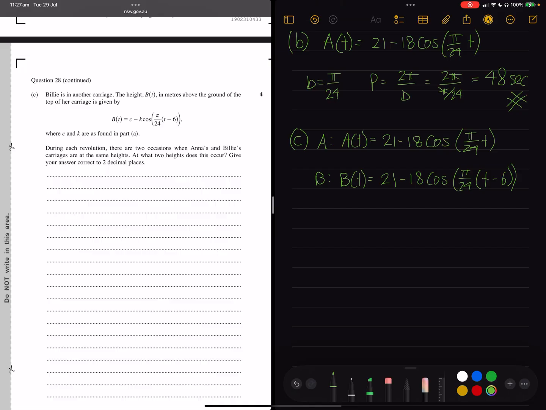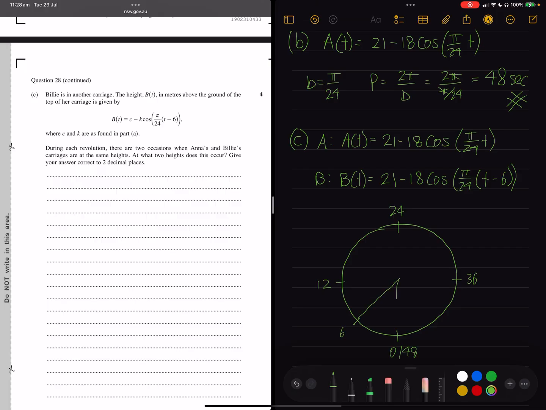Now, if you think about this, if the rotation period is 48 seconds, we could draw a circle of this. This is both 0 and 48. This is 24. This is 12. This is 36 if we're counting around the wheel. This is the number of seconds it takes to get around. This is 6.